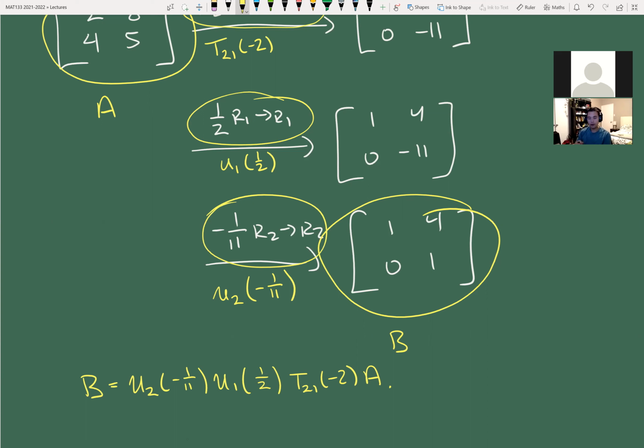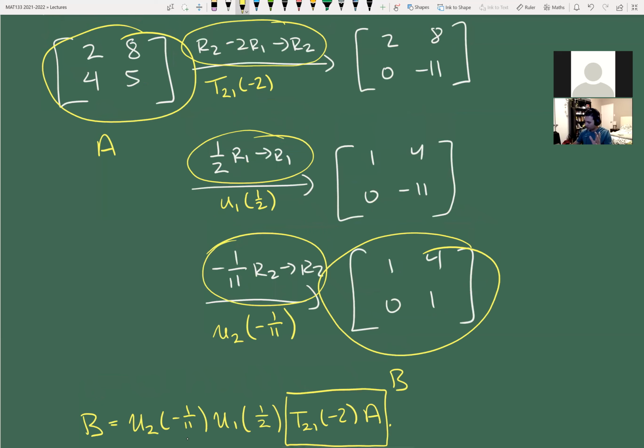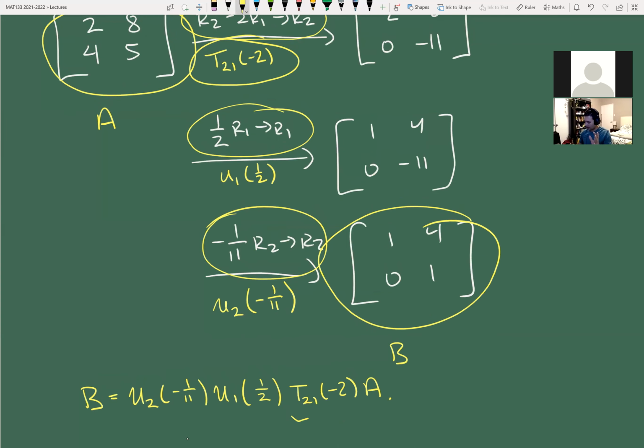It's not that I've written it backwards, it's that every time I do it, so remember when I am applying the operations, I apply them to the left. So what's the first operation that I do, right? I do this step first, so I apply it to the left of A, right? And then the next step that I do is this one, so I apply it to the left of that answer. And then the next step that I do, I apply to the left. So you just keep applying them to the left.